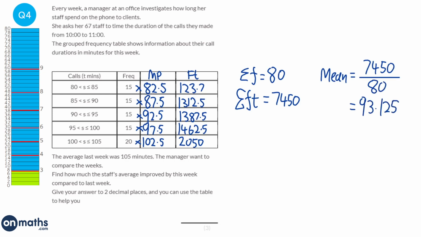So when you do that, we get 93.125. Now this question is about the improvement that the manager has made, the call centre's made. So we're looking at subtracting the 93.125 away from the last week, which was 105. So we're looking for improvement.